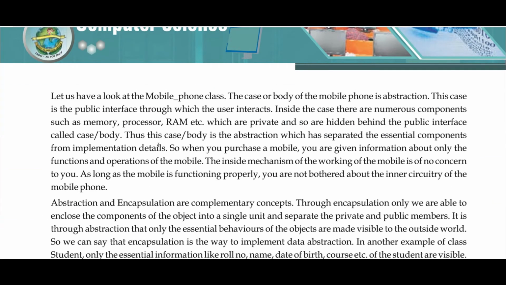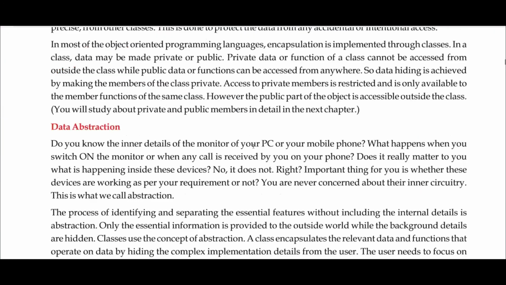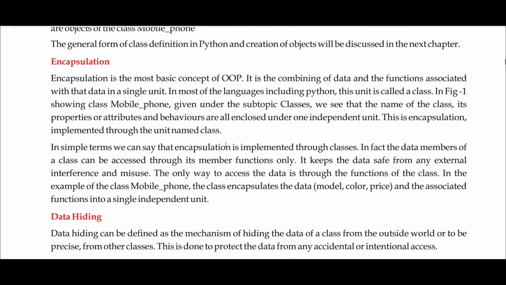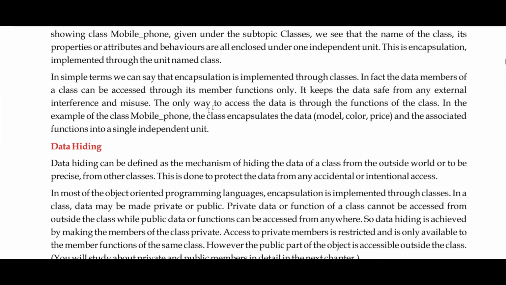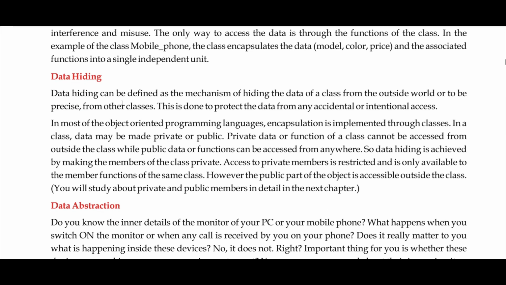This is a very important line: abstraction and encapsulation are complementary processes. So you can say that encapsulation is the way to implement data abstraction. Now how? Just connect each of these three properties one on the other. You have wrapped up the data, you have defined the private and the public data members.